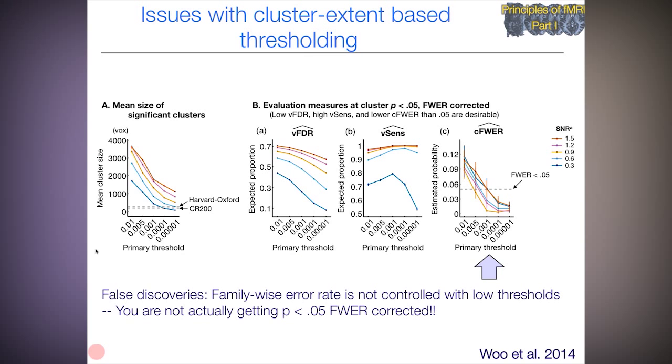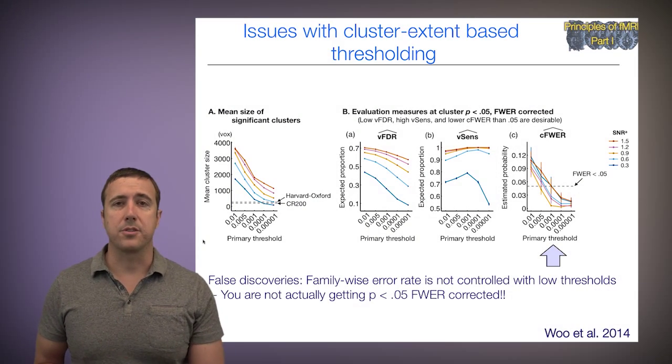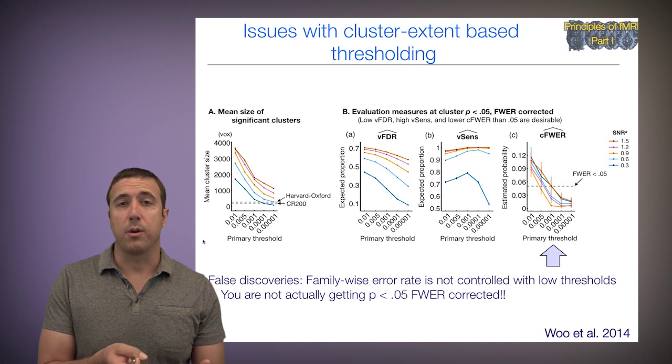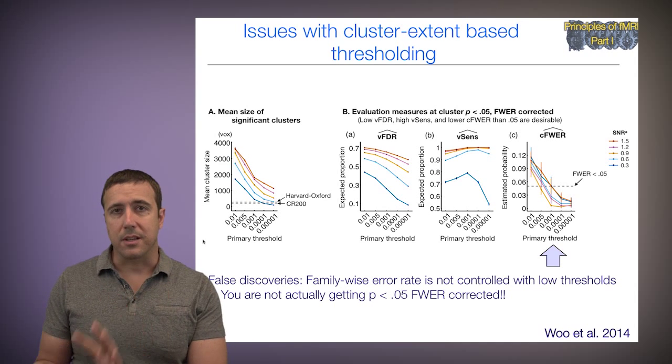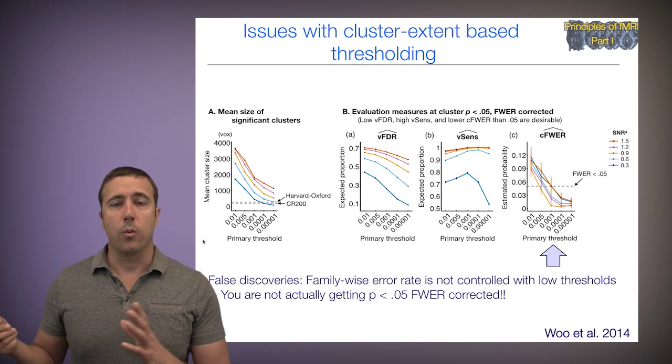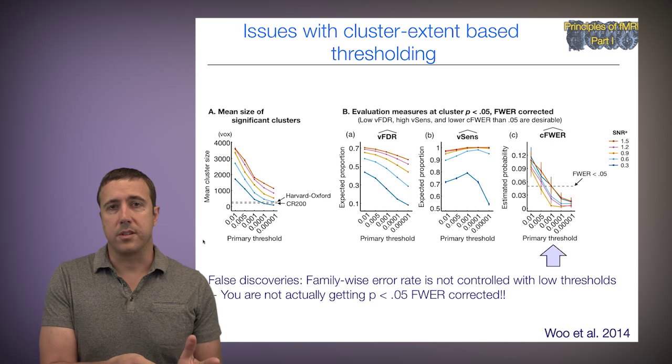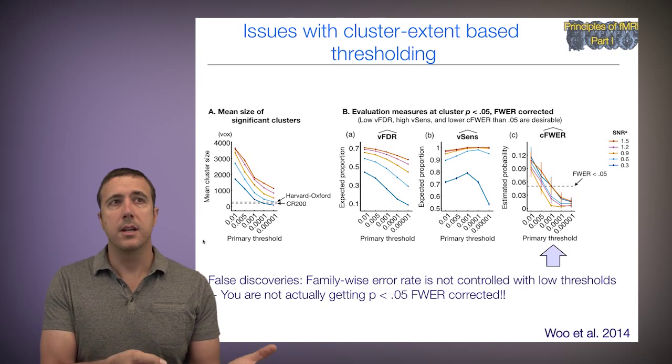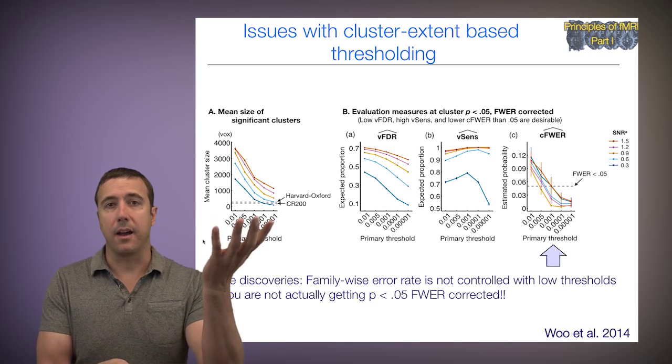And a third and final problem I'll highlight here is the problem of false discoveries. For technical reasons, the family-wise error rate is not properly controlled when you set very low primary thresholds. And that's due to the mechanics of Gaussian random field theory and how it works. So it turns out if you ask for p is less than 0.05 family-wise error rate corrected, you're not actually getting 0.05 corrected. And what you can see here is that when the primary threshold is at 0.01, so relatively liberal, then the false positive rate is high.